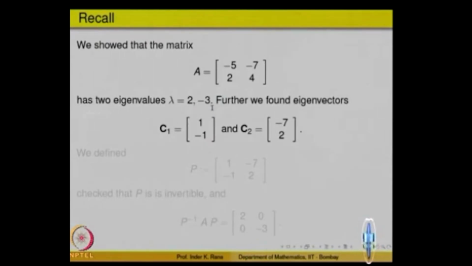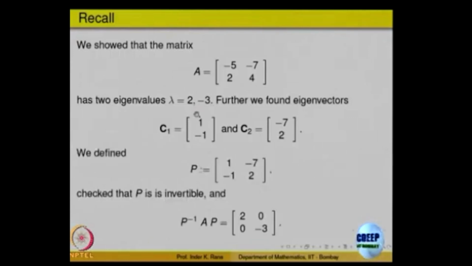So this gave us the matrix P with the first column as the first eigenvector and the second column as the second eigenvector. And we showed that since these are eigenvectors corresponding to distinct eigenvalues, these two vectors are linearly independent, and as a result this matrix P has full rank, so it is invertible.